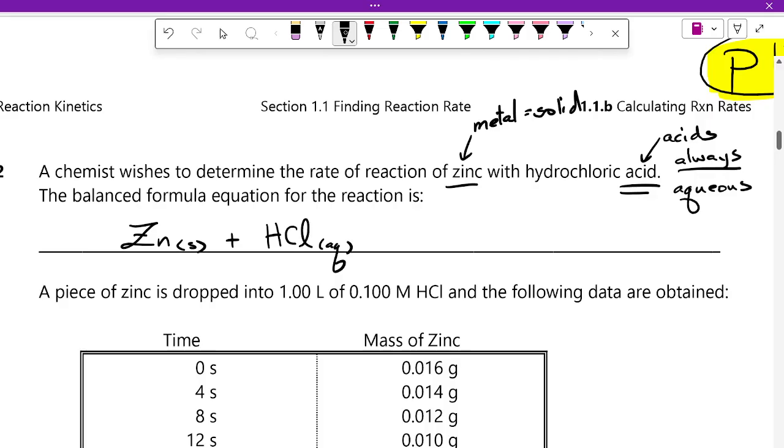Yeah, +1, -1. Okay, so we just balance this. Zn and 2 HCl. So it is aqueous.